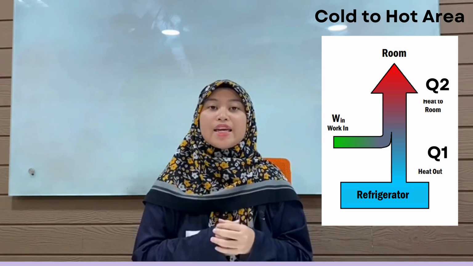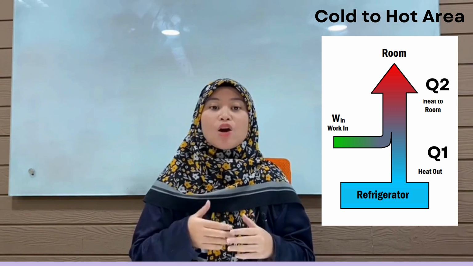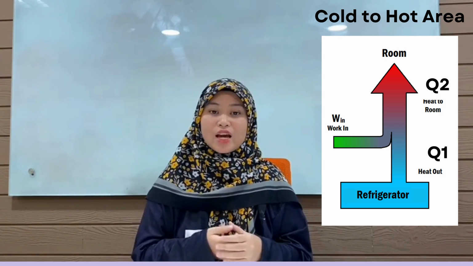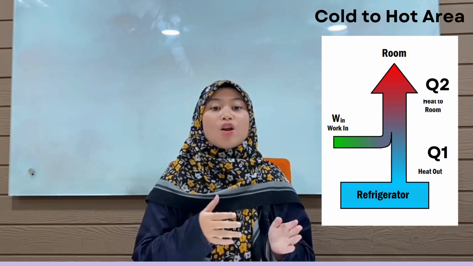How much heat is rejected at higher temperature is an important quantity for a heat pump. Next is the refrigerator function, which is to remove heat from a space at a lower temperature than the surroundings. Without wasting any time, let's see how to calculate the coefficient of performance for heat pump and refrigerator.